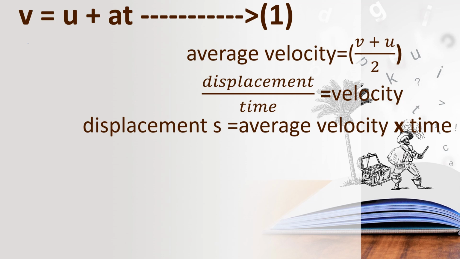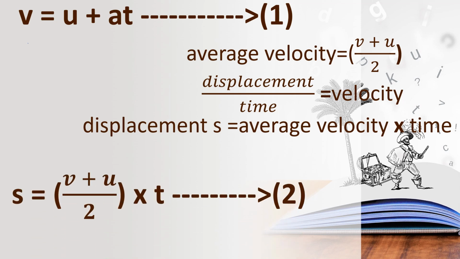For displacement, S is the symbol. So S equal to, what is the average velocity? See the average velocity, V plus U upon 2. So S equal to V plus U upon 2 into time. Time means small t. Okay, children. So S equal to V plus U upon 2 into t is the second equation.